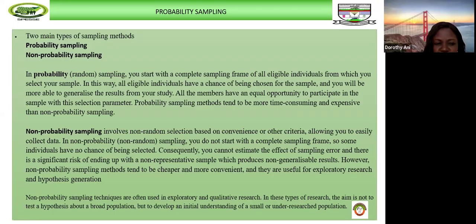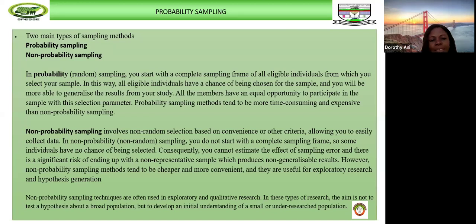So in this first one, probability, or we'll call it random sampling, there is a likely occurrence that somebody can be chosen, right? But in non-probability, that means there is no likelihood, it's just by chance, or by convenience.